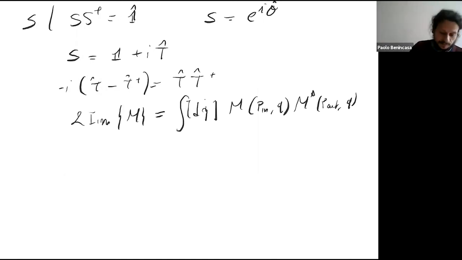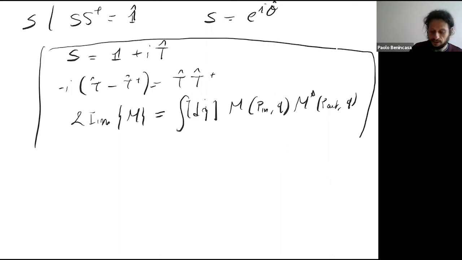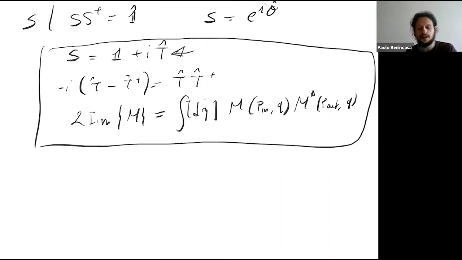This statement does not rely on perturbation theory whatsoever. You simply wrote S in this way because you thought that it was convenient, and then we have an interpretation of what this operator means.